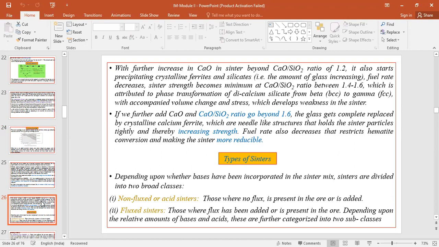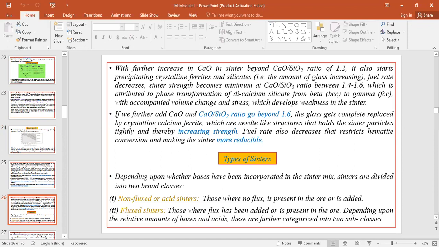So based upon the amount of fluxes which are present inside the sinter, the sinters are classified into two classes. One is non-fluxed sinters, the other one is fluxed sinters. Non-fluxed sinters we can also call acid sinters, where no flux is present in the ore or added during the sinter making process.